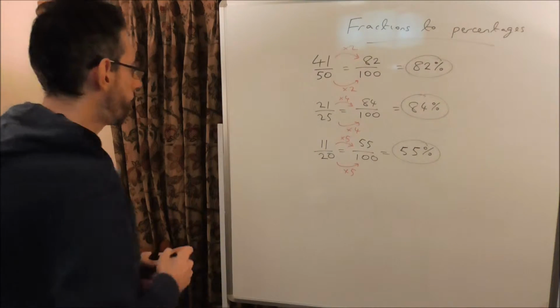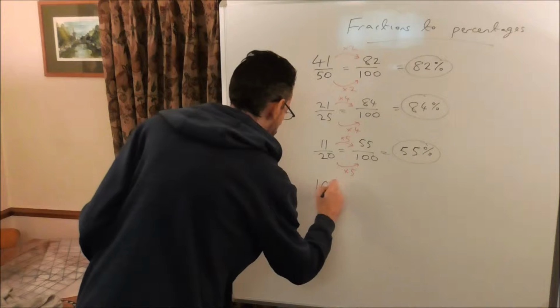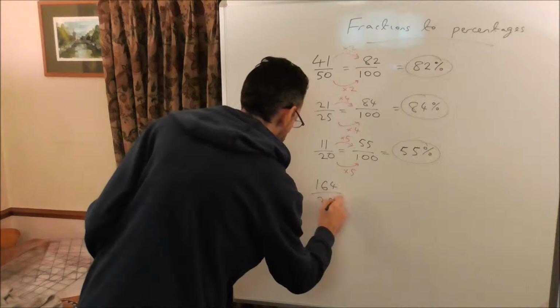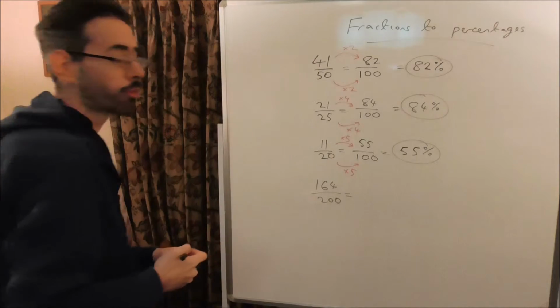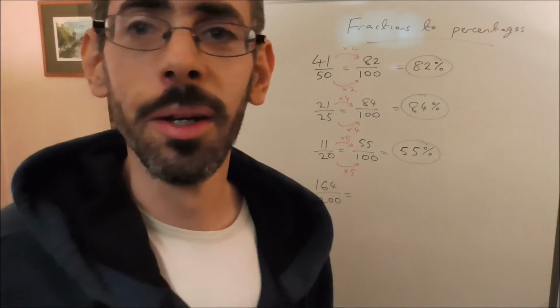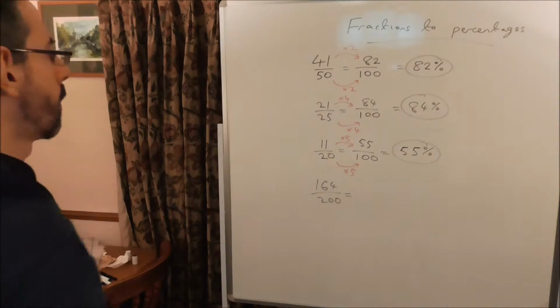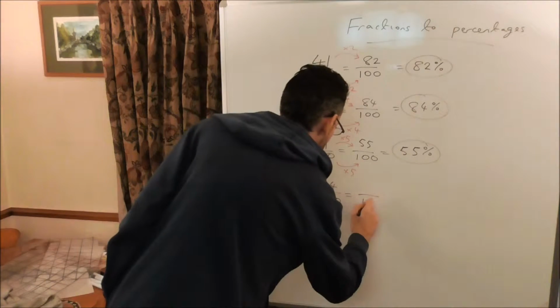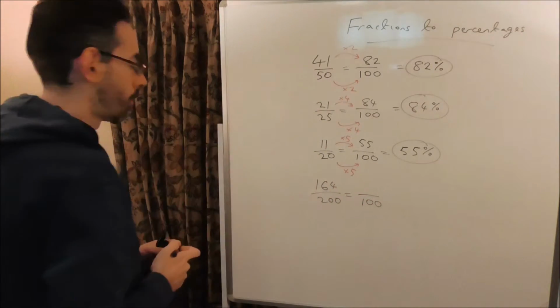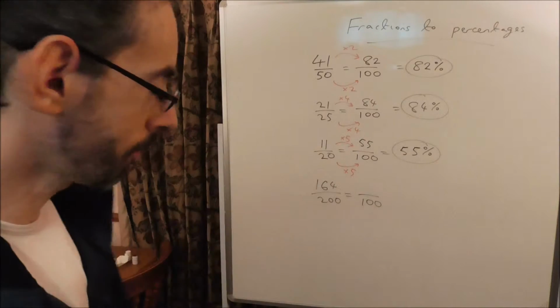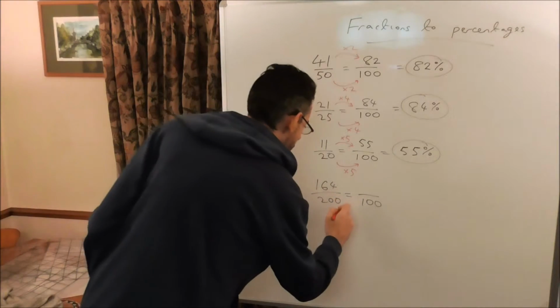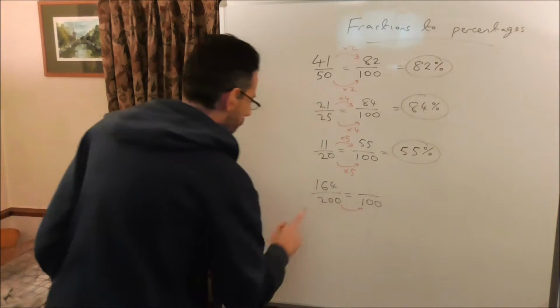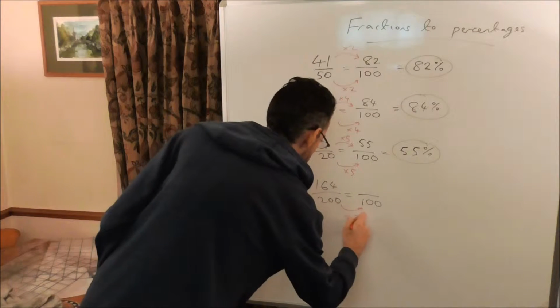Let's just do a couple more. Let's do 164 over 200. Let's change this fraction into a percentage. Well, can we get it to a fraction out of 100? Again, yes we can. 200 halved is 100. So we can divide the top and the bottom by 2. 200 divided by 2 is 100.